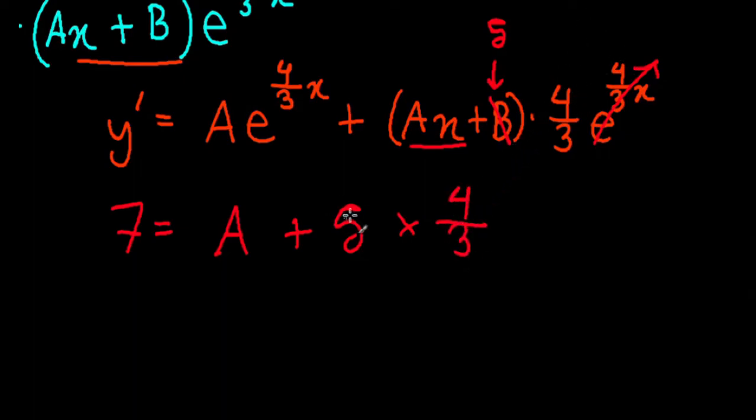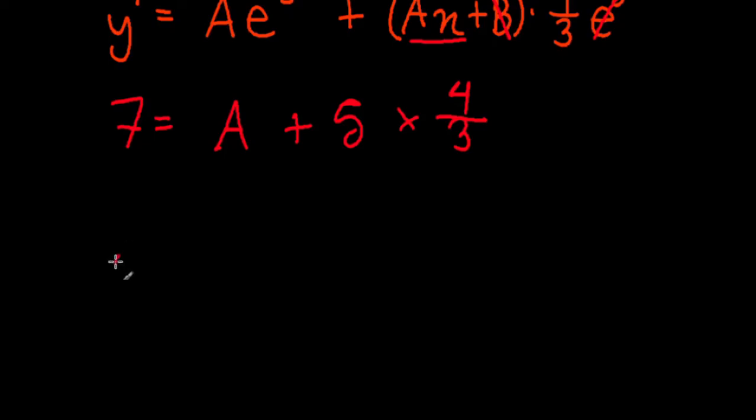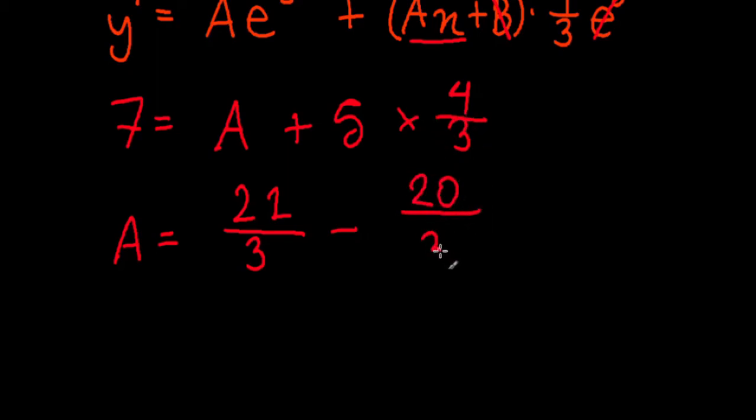So our value of a is going to be, for convenience's sake, I'll express 7 as 21 over 3. And this is obviously 5 multiplied by 4, which is 20, so 20 by 3. So we have 1 by 3 left over.